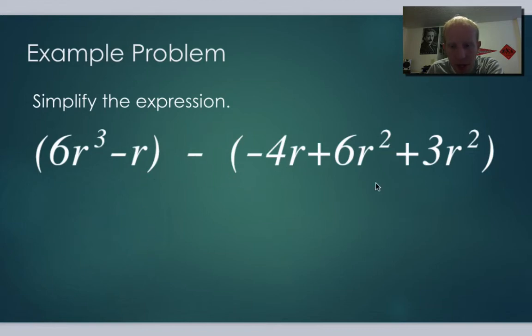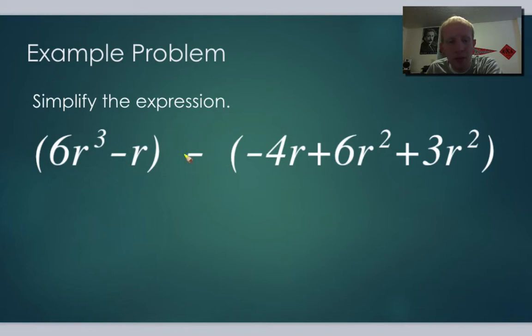So kind of a long expression, but first of all, let's take care of this minus sign right here. Because this is a minus sign, there is one extra step you gotta do.